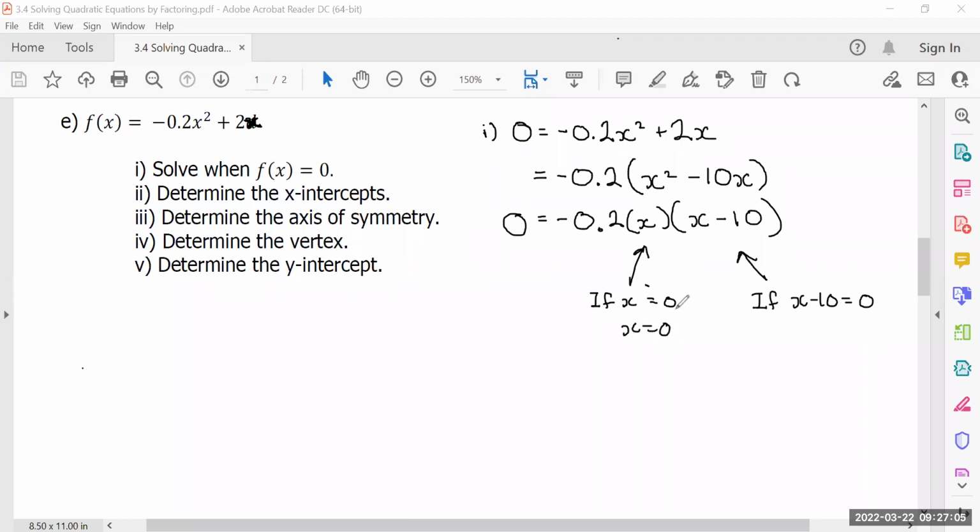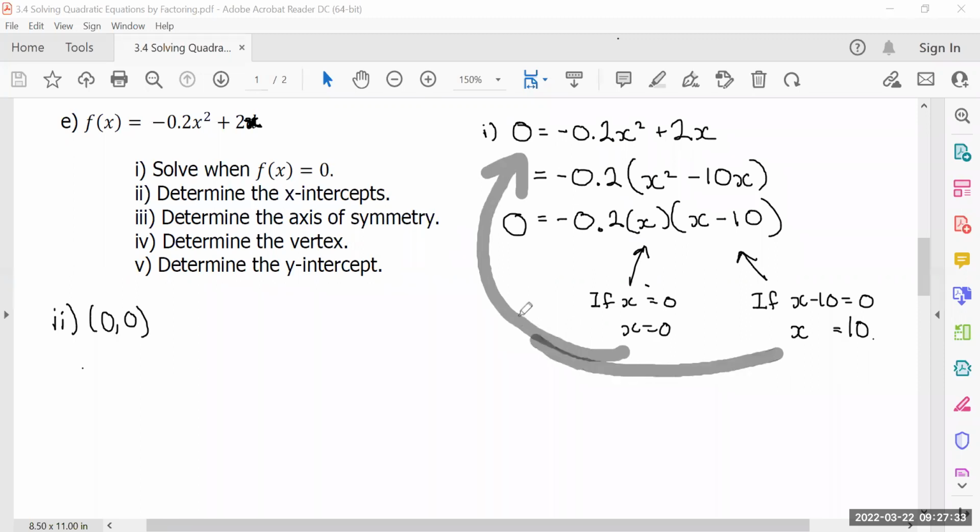That's correct. If x equals 0, then x equals 0. But here, if x minus 10 equals 0, x must be positive 10. To determine the x-intercepts, well, I found them. The x-intercepts are 0 and 10, because when x equals 0, my y value equals 0. If x equals 10, my y value also equals 0.